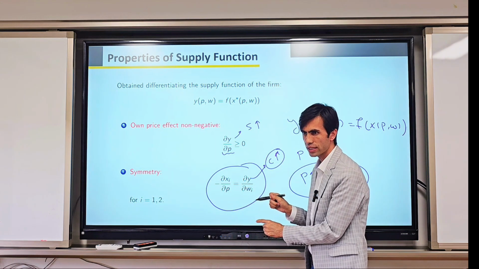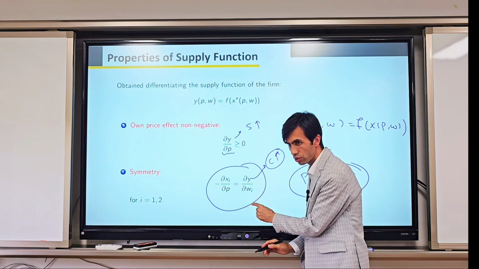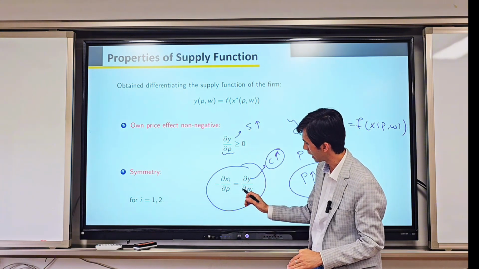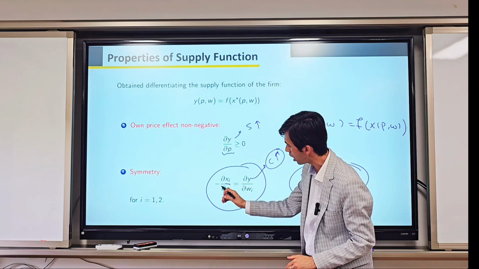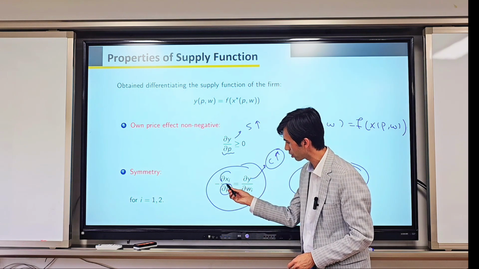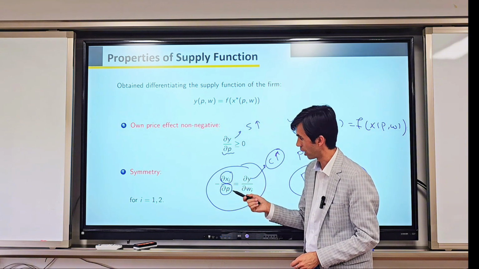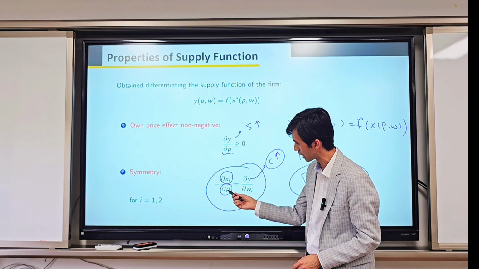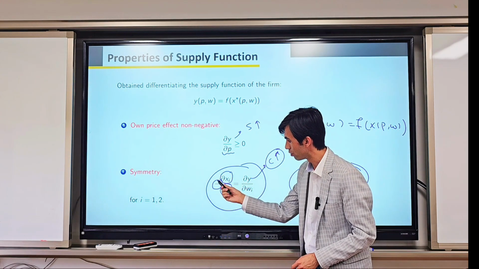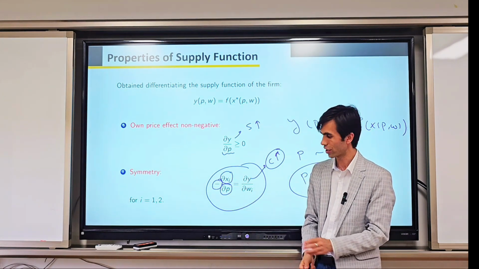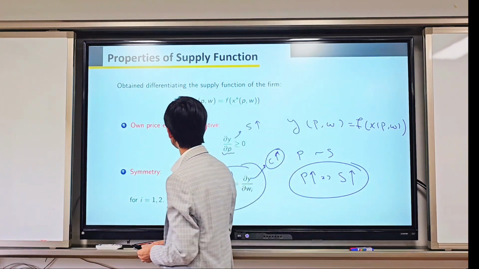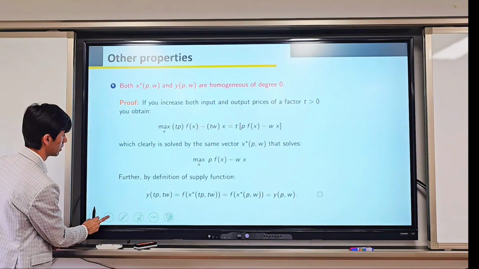When the cost increases, we try to produce less in order to reduce the cost. And it's equal to when the price of output increases, what will happen to input? As we already said, when the price of output increases, the demand for input increases. But here, we multiply by the minus sign in order to equalize both sides of the equation. So these are the two properties for the supply function.